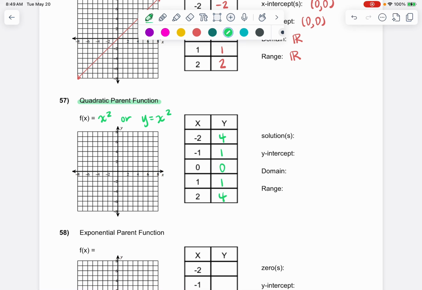And so when we plot these points, 0, 0, then my 1s, then my 2 4s, there's our nice pretty parabola. And I want an accurate parabola. Don't just draw some U-shaped graph, right? We expect you to go through the actual points.